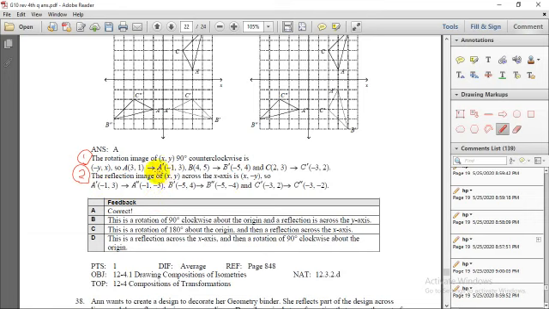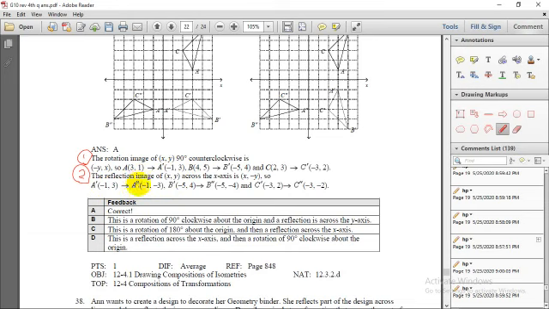Again, I'm going to take the image here to be my pre-image in the second transformation. So I transform the pre-image and I get the first image. Then I take the first image to get the second image. Okay, very good. So A dash, (negative 1, 3), take it.